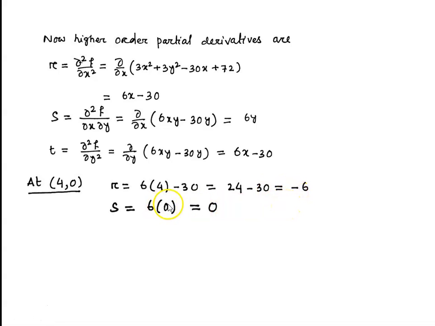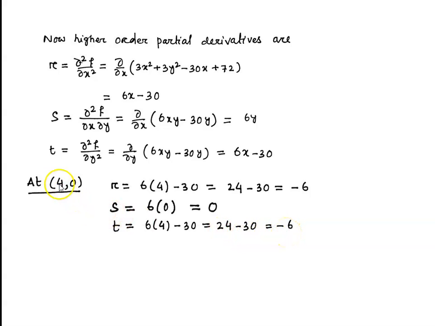Our s is 6y, and here we are finding the value of s at (4, 0). So our y is 0 here. So 6 into 0 is 0. Now our t is 6x minus 30. Our x is 4 and y is 0. So 6x minus 30 is equal to 24 minus 30, which is minus 6.